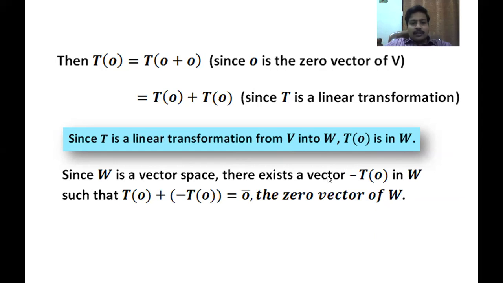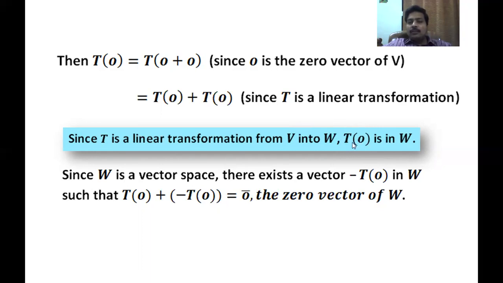Since W is a vector space, there exists a vector minus T of O in W. So for each vector in W, there must be a negative vector such that U plus minus U is equal to O. Here, this is my vector.